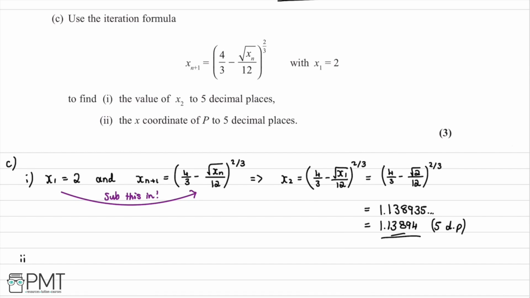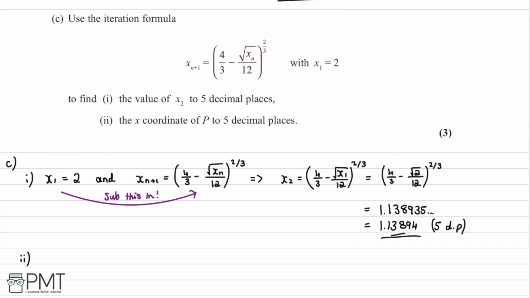And then for part 2, we're asked to find the x-coordinate of p to 5 decimal places. So what we can do is take this iteration formula in our calculator, which we've just plugged in, and rather than manually typing this number in, we can replace xn. So in our case, we just used 2. We're going to replace that with Answer. So you'll have a button on your calculator, ANS, and you're going to click ANS when the cursor is in the xn position.